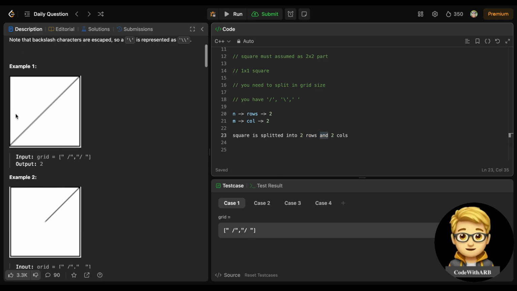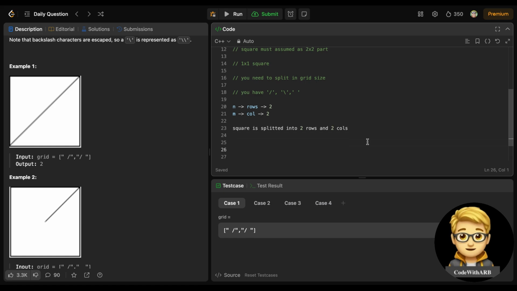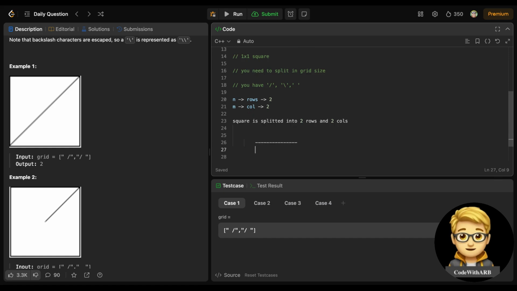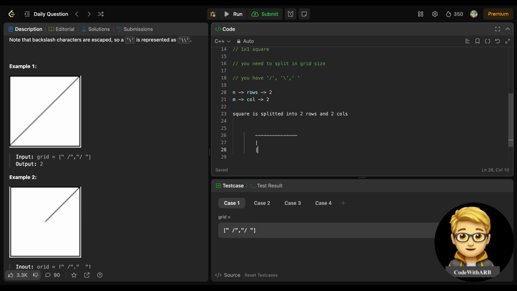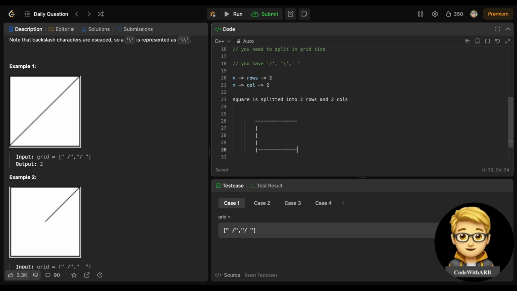In this box it is showing a whole forward slash, but when you look at it, the first part is half. Let's try to make this as a square. It is something like this, this, and this, and this is again like this.